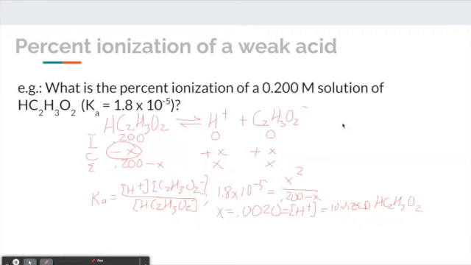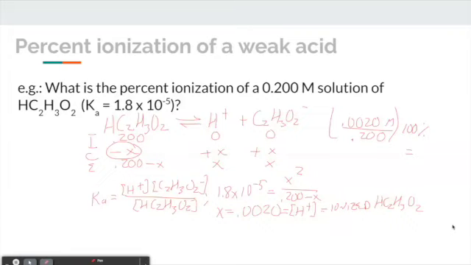So I can take that value, the amount that ionized, and I can divide it by the amount that we started with, 0.200, and then change it to a percent by multiplying by 100, and I'll find out what percent was ionized.